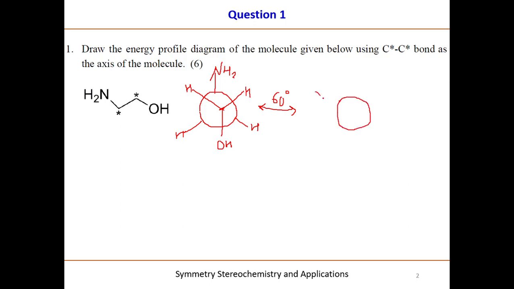First of all, the front carbon will remain as it is. It was present before. And this carbon is moved by 60 degrees.